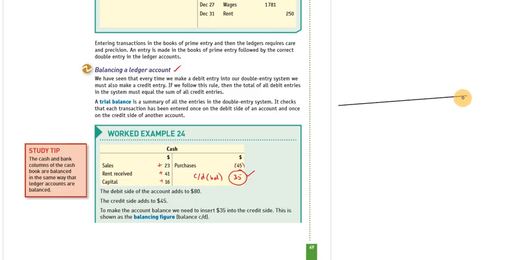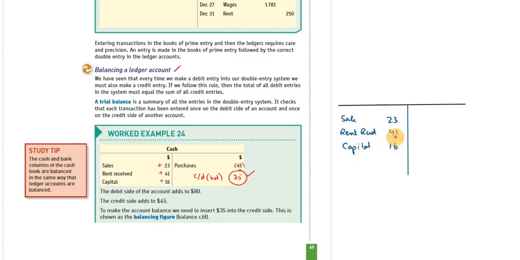If we make a cash book like this one, and we made some transactions: sale, that is the 23, rent received 41, and capital injected into the business, that is the 16.